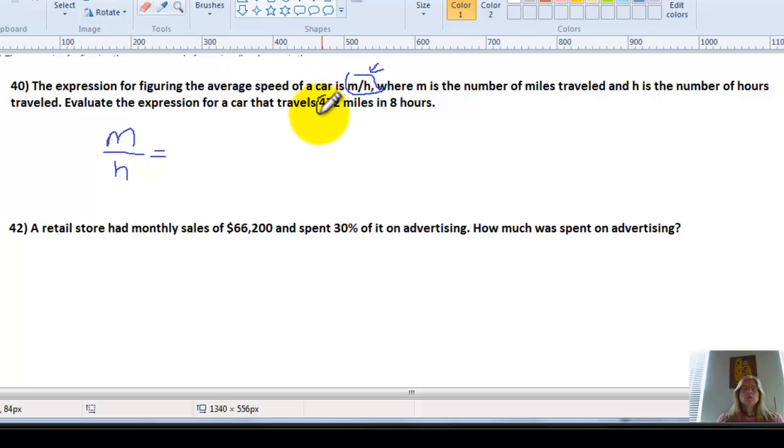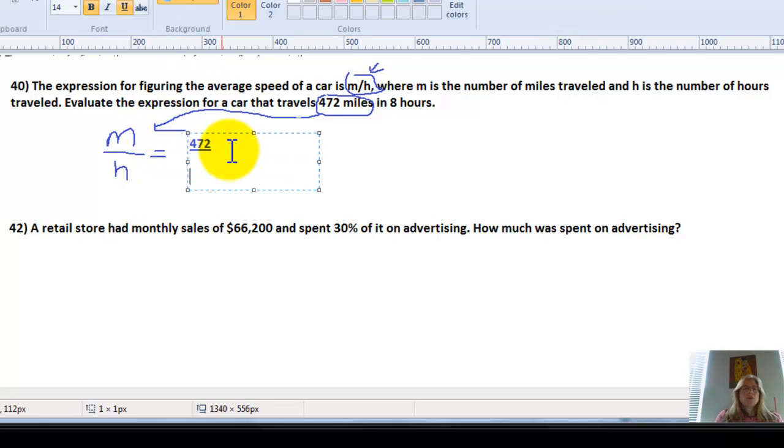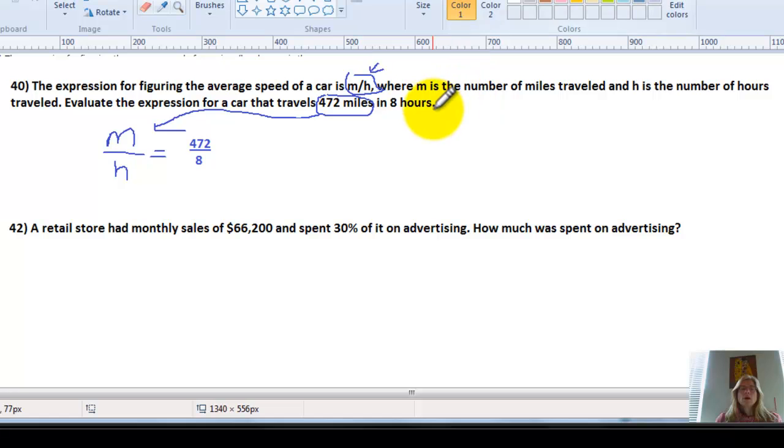Set 472 miles for the miles over the hours. And those hours right here, 8 hours. So hours goes there because that's what the math is.